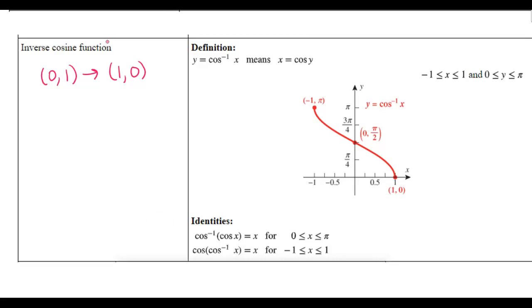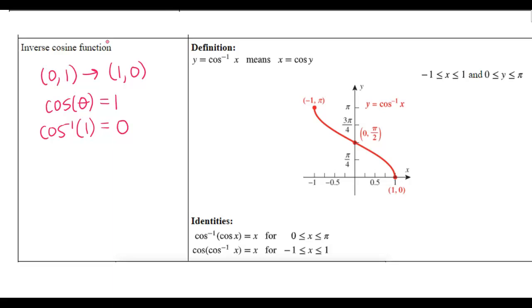Okay, so we would see this as, we know that the cosine of theta is equal to 1. Now if we take the inverse of that, what is our output? Where does the cosine equal 1? And we would get 0.